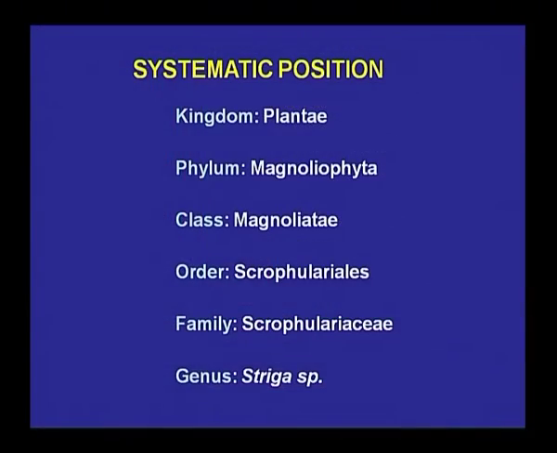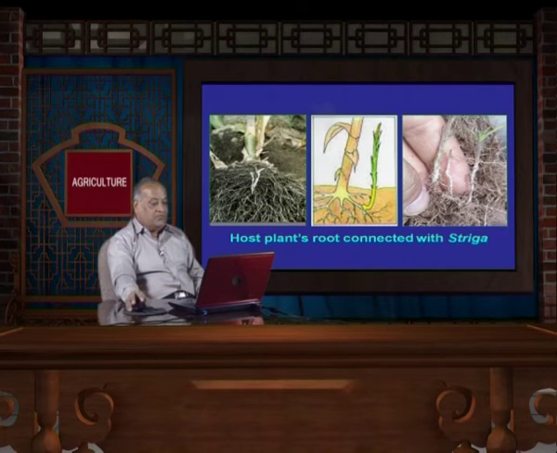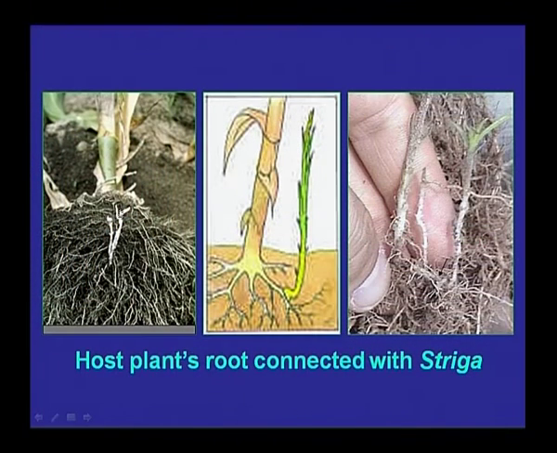Systematic position. Kingdom is Plantae, phylum Magnoliophyta, class Magnoliopsida, order Scrophulariales, family Scrophulariaceae, and genus is Striga. Here we can see the host plant's root connected with the striga.